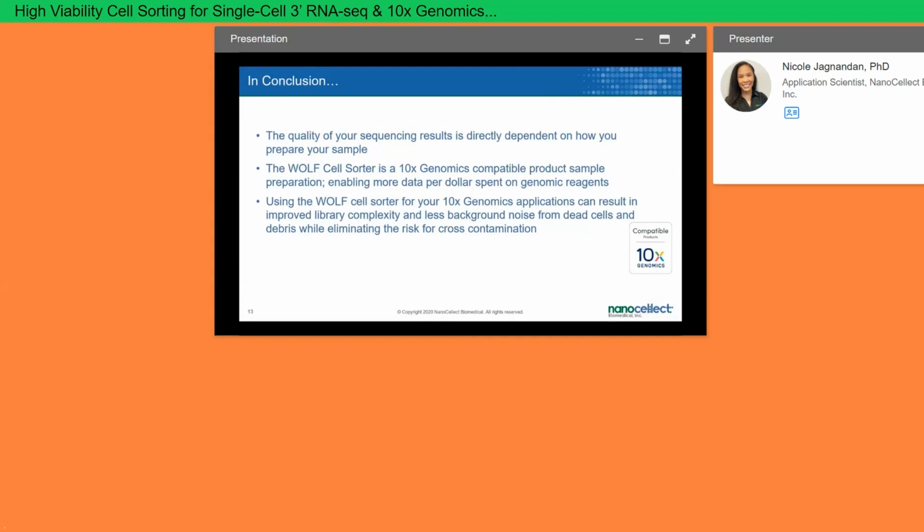The WOOF cell sorter is a 10x Genomics compatible product for sample preparation, enabling more data per dollar spent on genomics reagents. And using the WOOF cell sorter for your 10x Genomics applications can result in improved library complexity and less background noise from dead cells and debris, while eliminating the risk for cross-contamination.